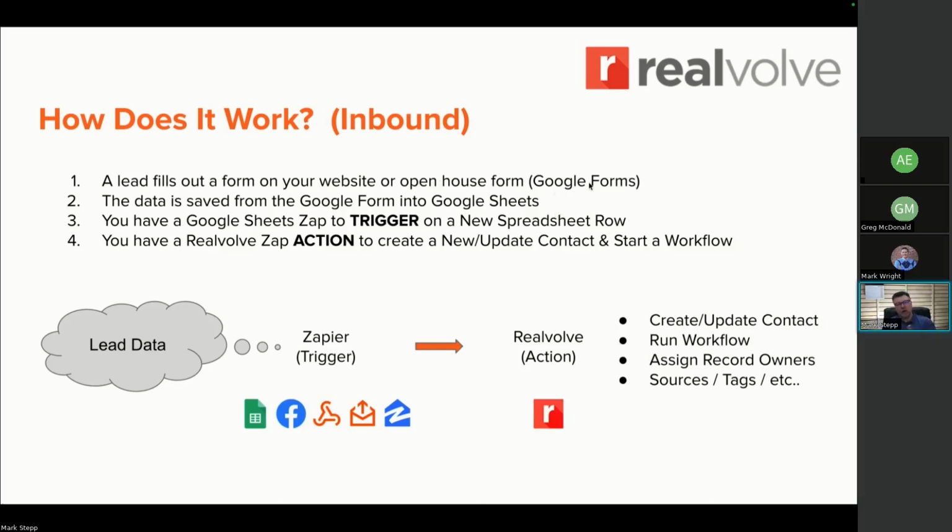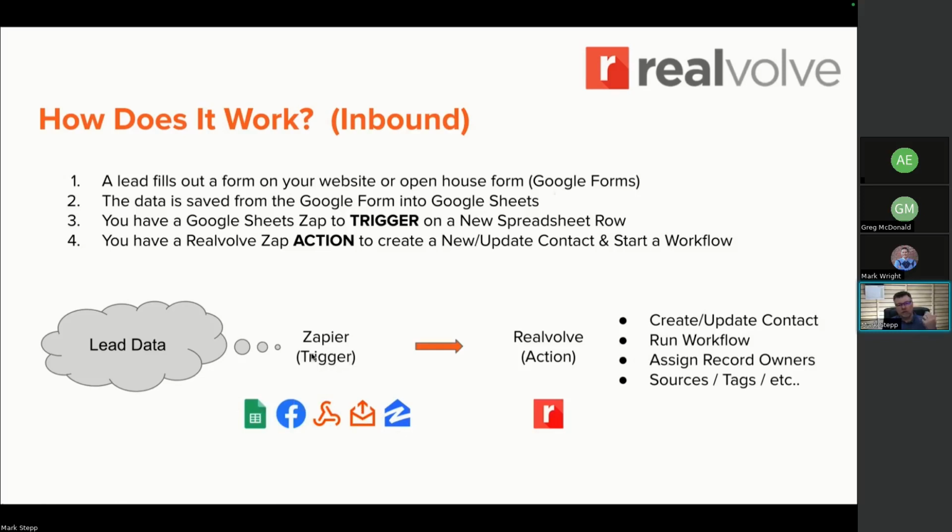In the case of the open house Google Form, it takes that information and puts it into Google Sheets. So we'll take that lead data and hit Zapier as a Google Sheet. It could be Facebook leads, it could be a webhook, it could be email, Zillow. There are lots of different possibilities for getting those leads.